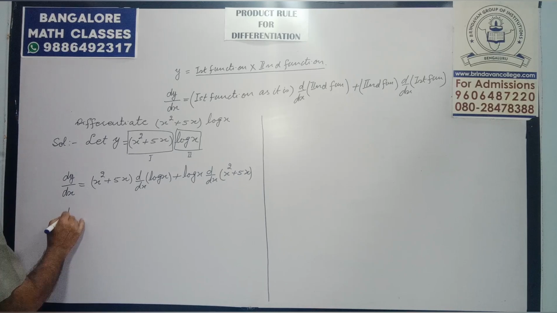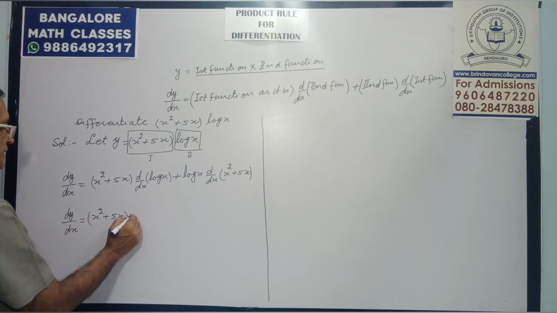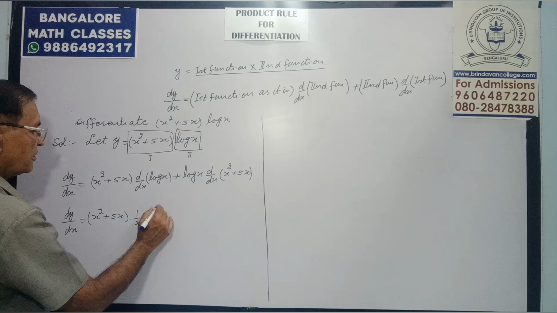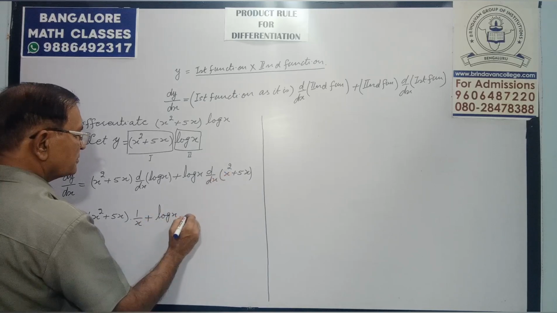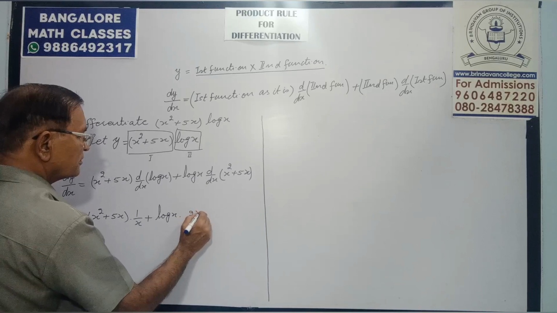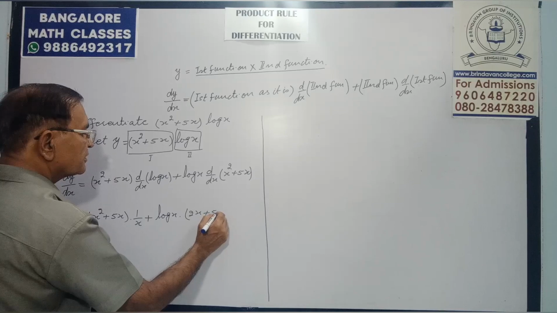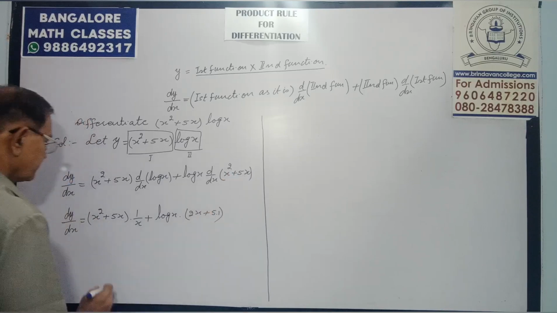dy by dx equals (x² + 5x), d/dx of log x is 1 by x, plus log x, d/dx of x² is 2x, for 5x it is 5, 5 constant, for x it is 1.